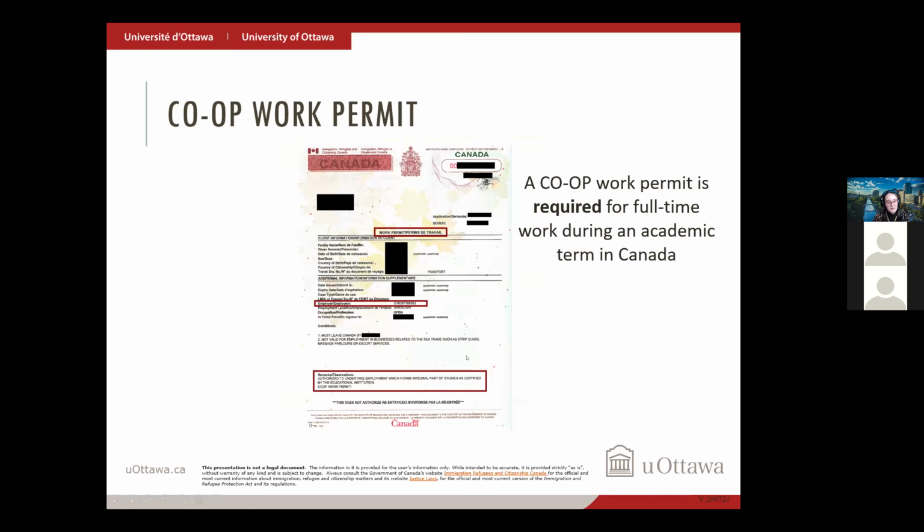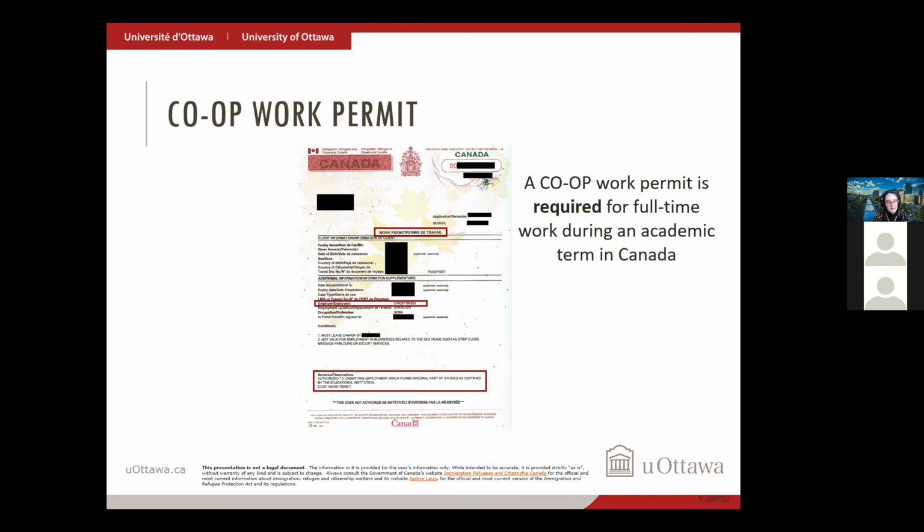So the co-op or internship work permit, as you can see, looks very similar to a study permit. Again, this work permit is really just for students who are in programs that have a mandatory work component. So if you're in a co-op program, or a program that has mandatory internships, you do need to apply for this work permit.